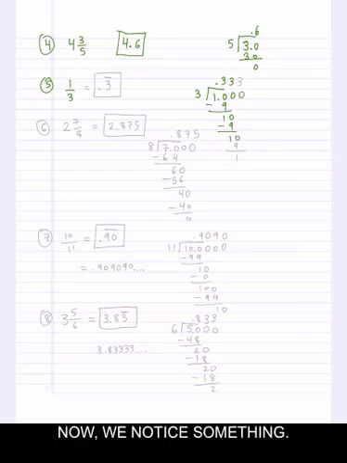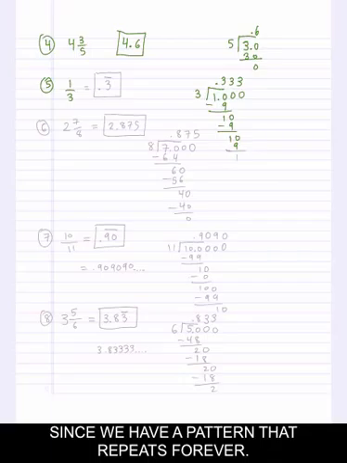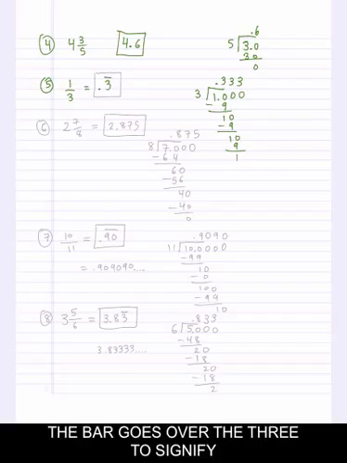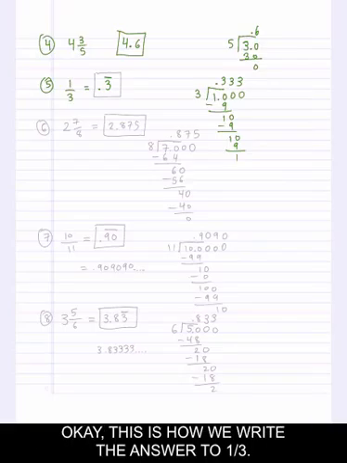Now we notice something. The 3's are going to keep coming, aren't they? Since we have a pattern that repeats forever. So the way we write this is 0.3 with a bar over the 3. The bar goes over the 3 to signify that the 3 repeats forever. Okay, this is how we write the answer to 1/3.